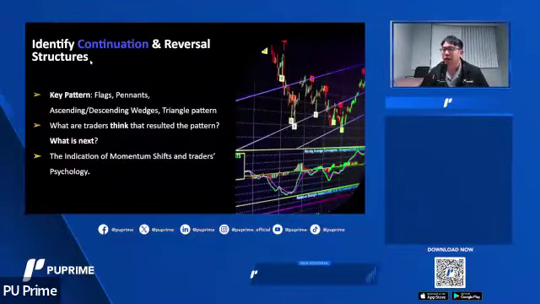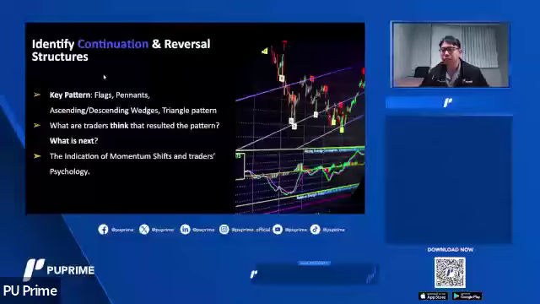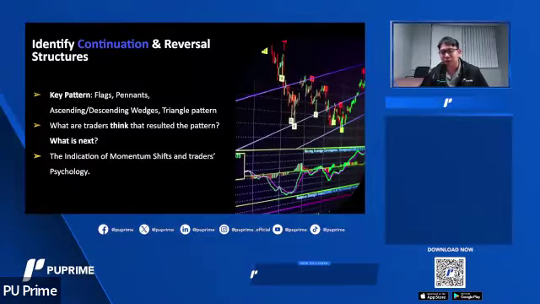Okay, first of all, identifying continuations and reversals. I'm going to share with you not only some of the very typical candlestick patterns that you can probably spot in the markets, but rather the rationale: what is the logic behind this, and what traders are thinking that results in this kind of price pattern.